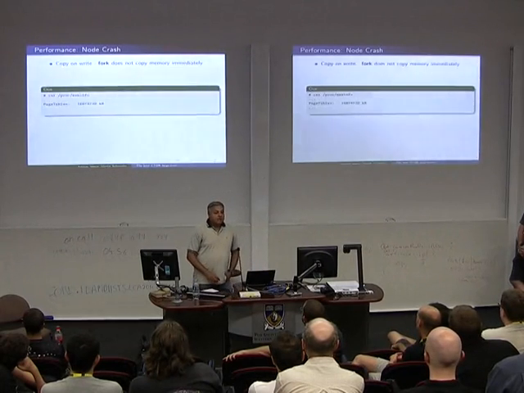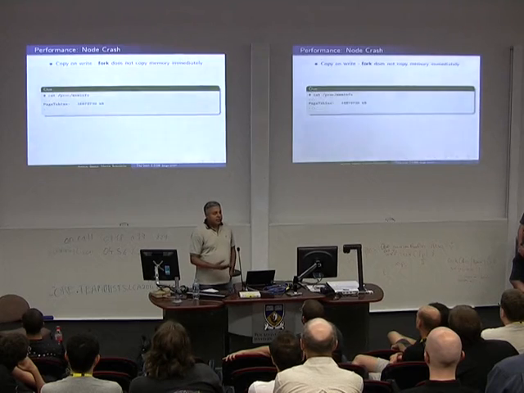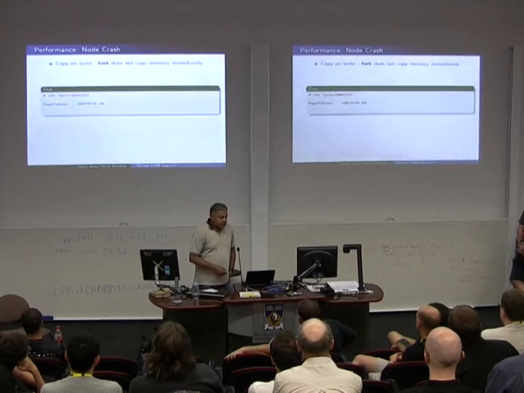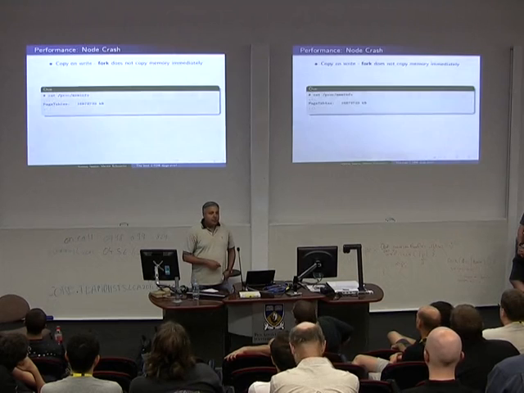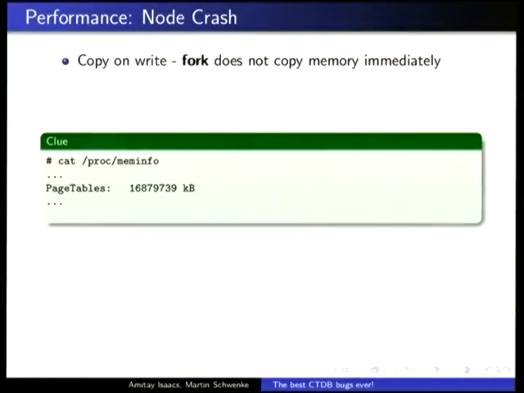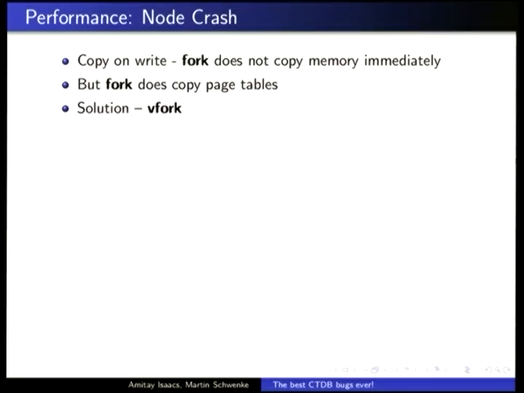So while the system was running and the number of connections was building, we started looking at the memory info in a little more detail as to where the memory is going, and we noticed that it's using a large amount of memory in page tables. So even though fork is not copying the actual process memory, it's still copying the page tables, and we are actually overflowing the page tables. So, okay, we want to use vfork.